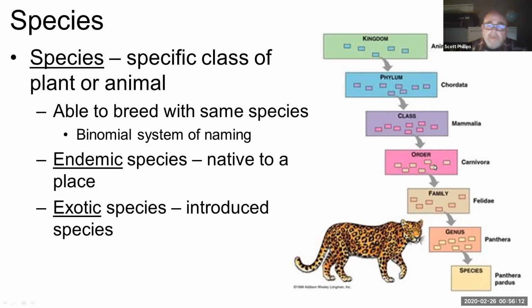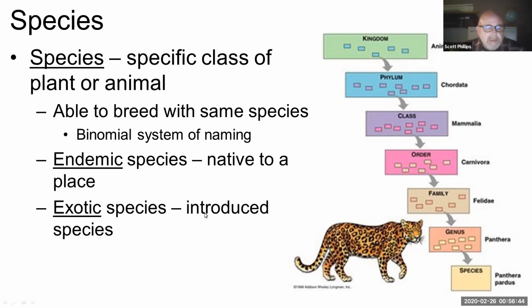Among the mammals, its order is Carnivora, and carnivores are meat-eating animals. Among those, it's a member of the Felidae, or cat family. And of the cats, it's a member of the Panthera genus. Then you have this specific species name, which is a combination of the genus and a second name. So this is called Panthera pardus. That's what we call a binomial system of naming. It has two names, one of the genus, one of the species.